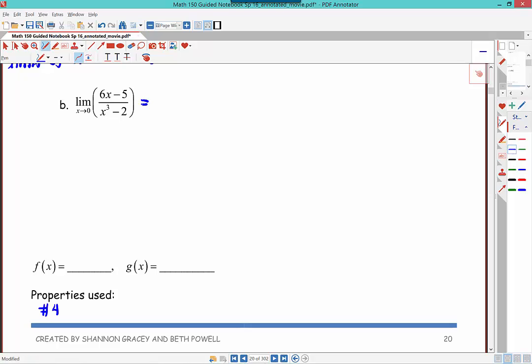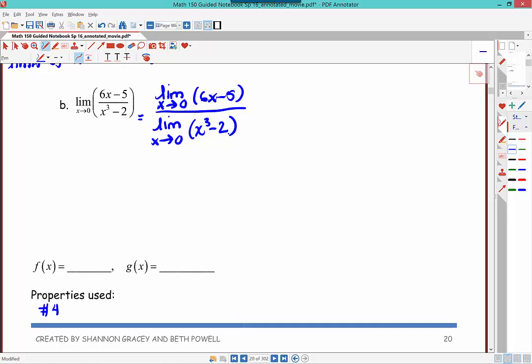This would be equal to the limit as x approaches 0 of 6x minus 5, that quantity, divided by the limit as x approaches 0 of x cubed minus 2. So this was property number 4.